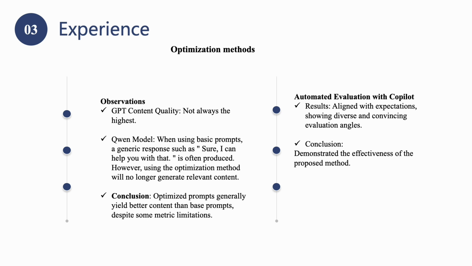However, using the optimization methods will no longer generate irrelevant content. In conclusion, optimized prompts generally produce better content than base prompts, despite some metric limitations, demonstrating the effectiveness of the proposed method.